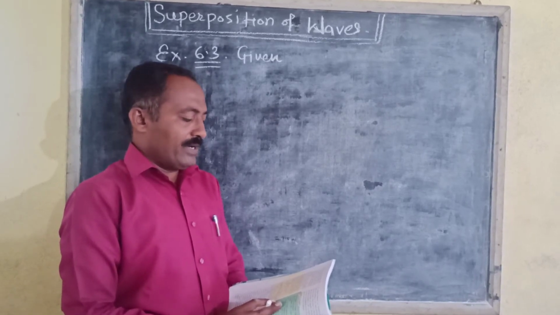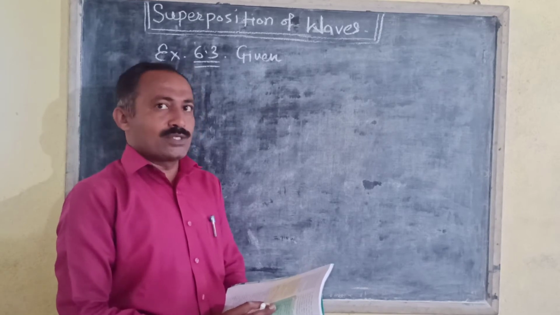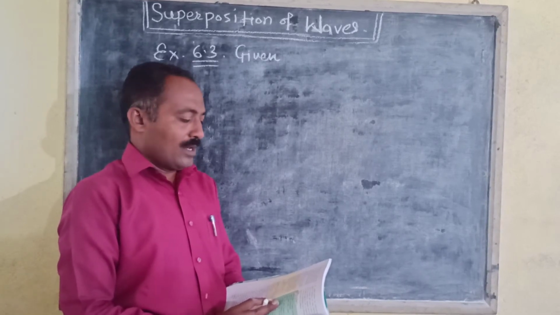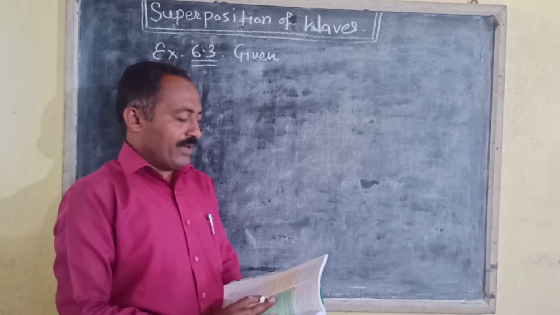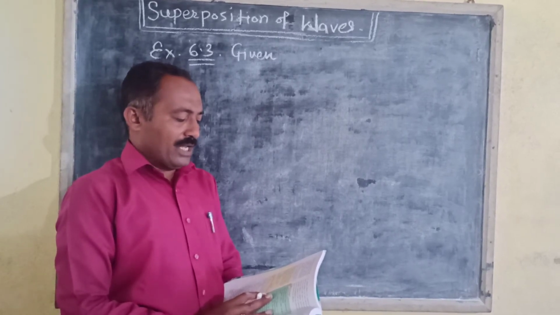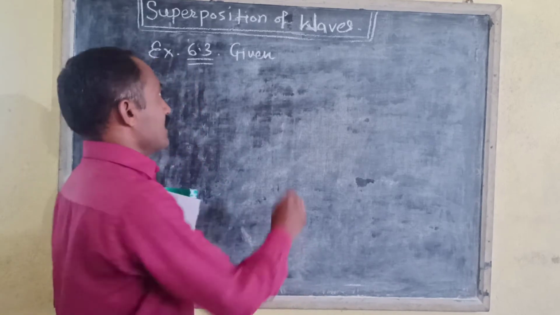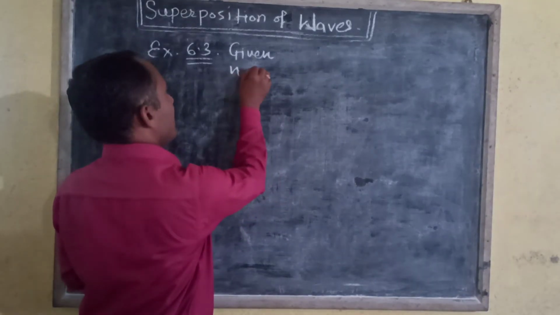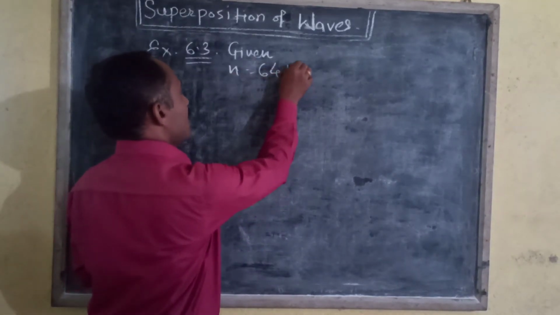Find the distance between two successive nodes, that is lambda by 2, in a stationary wave on a string vibrating with frequency 64 hertz. Frequency is given, n is equal to 64 hertz.